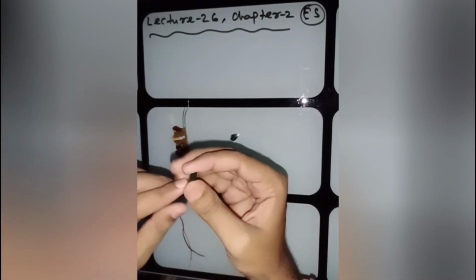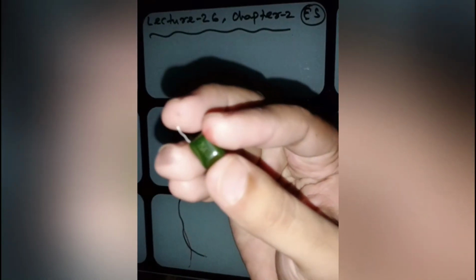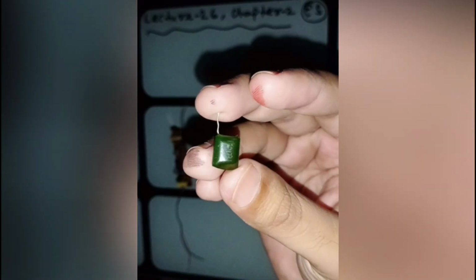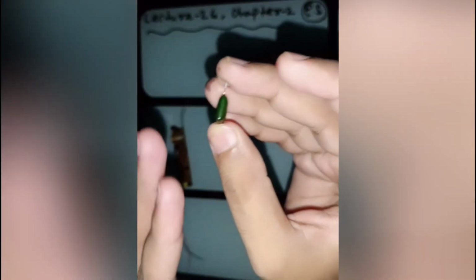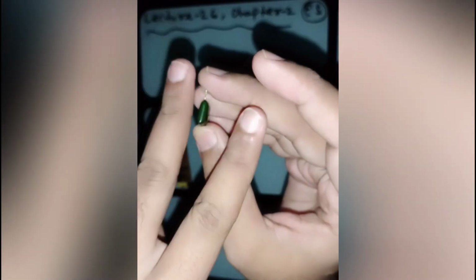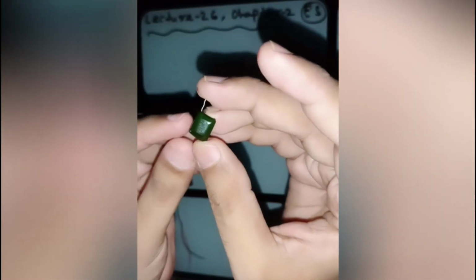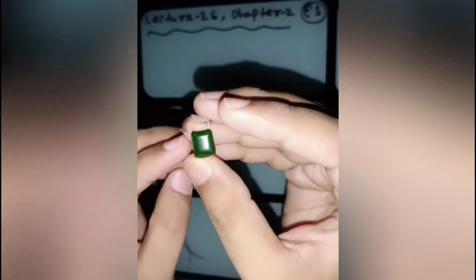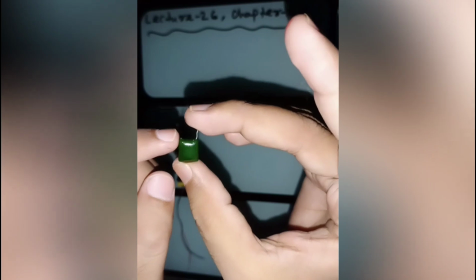No, this is a parallel plate capacitor, my dear students. The 2 plates are joined in parallel in this way, and then it is laminated by an alloy material. Remember, in this capacitor one terminal has been broken from here.